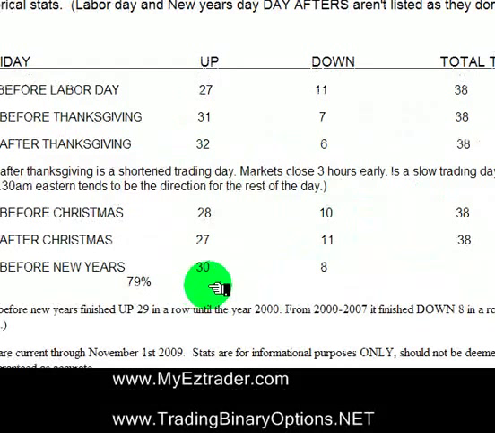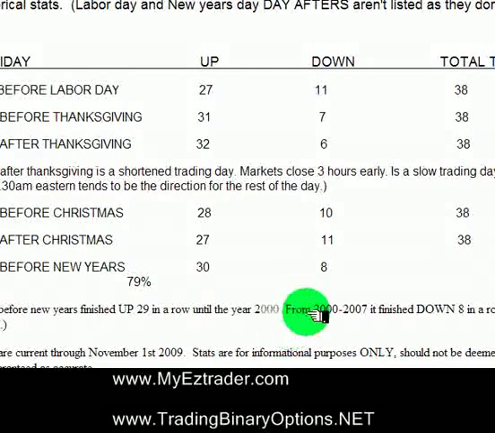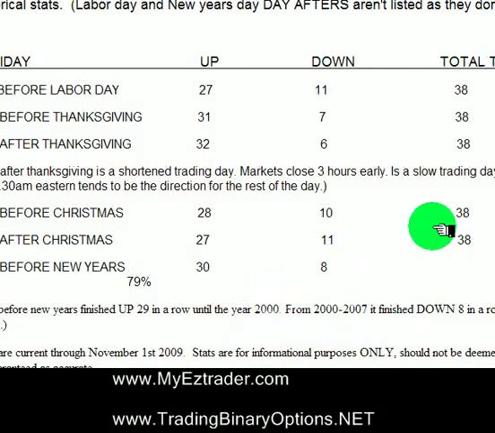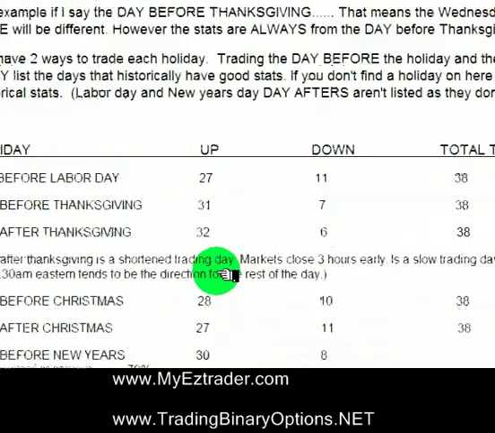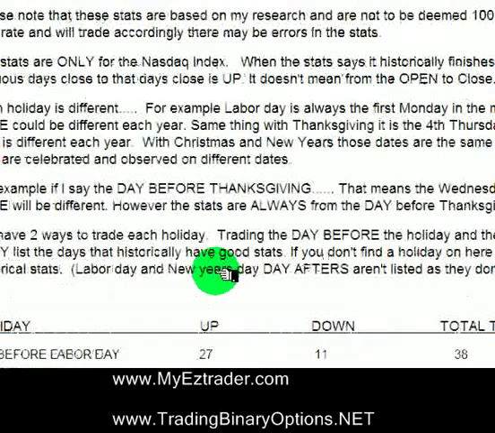And then for 8 years in a row it had a down, but still at 79% overall finishes up. Those types of stats are the stats I use, and you can use as well in your own trading. You can trade alongside me using these. I tend to go with the trades that are 70% plus.